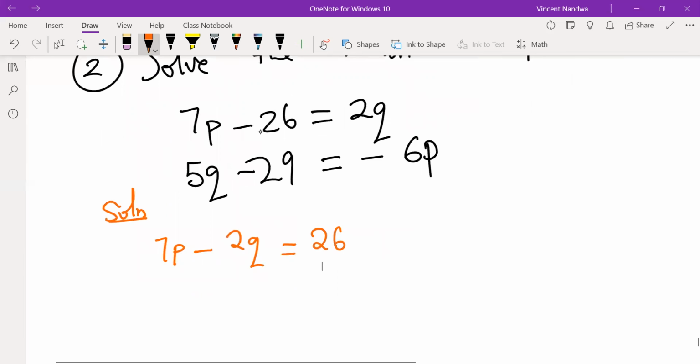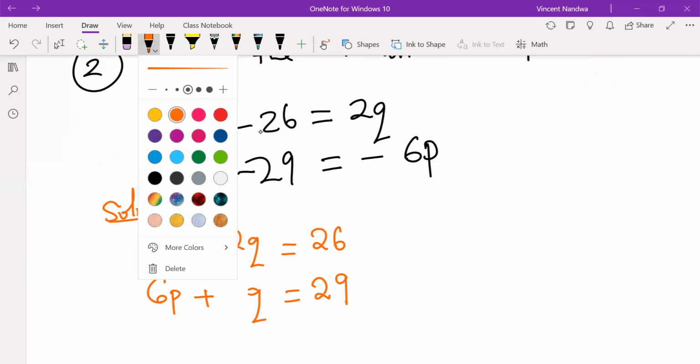And then 6P plus 5Q, take negative 29 to the right-hand side, and then we have 29. So that is the first step. You must always arrange so that variables are in line and constants are on the right-hand side.